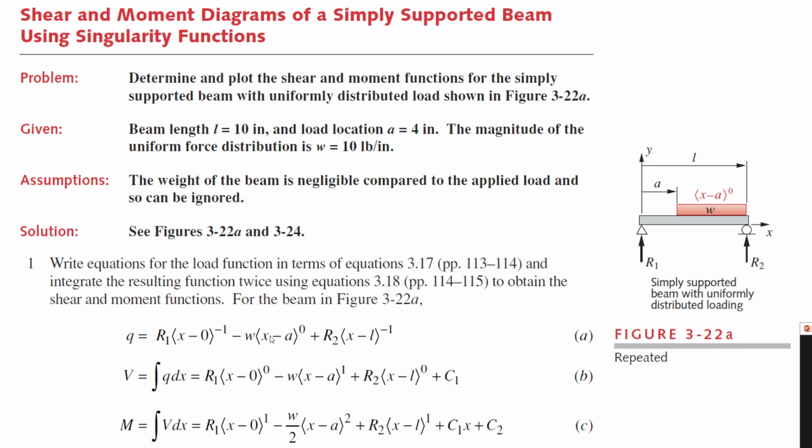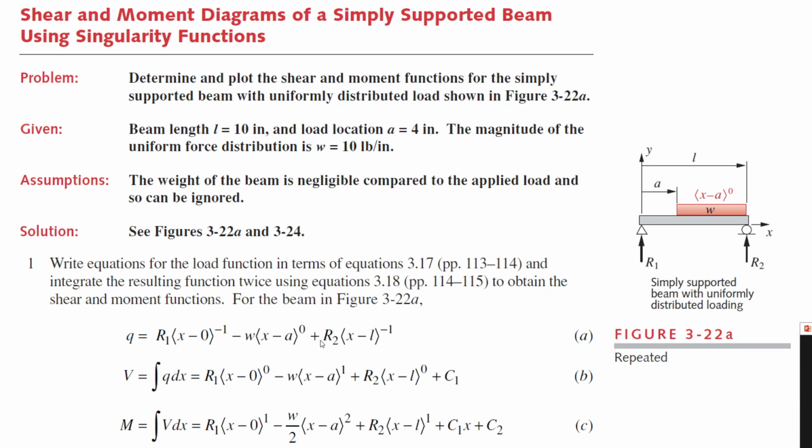As we go along the beam, it's undefined for x less than a. This is our unit step function, so when x is equal to a, it's defined, and we have a step up in the load that carries out through the rest of the beam.